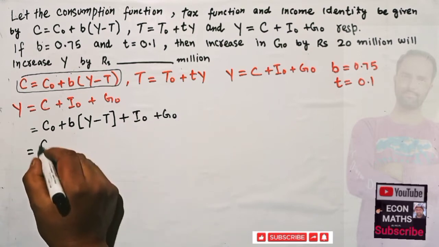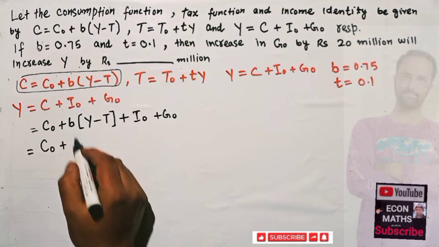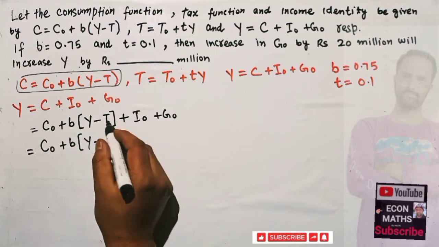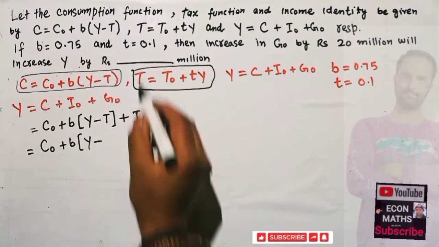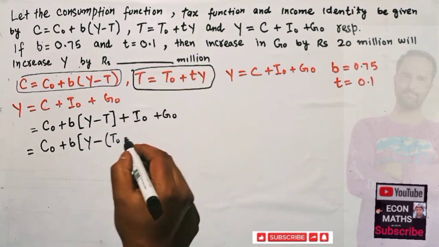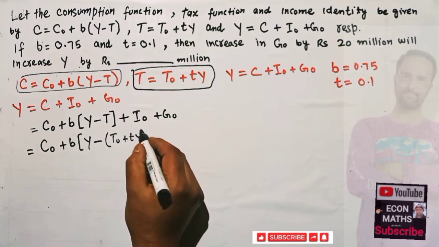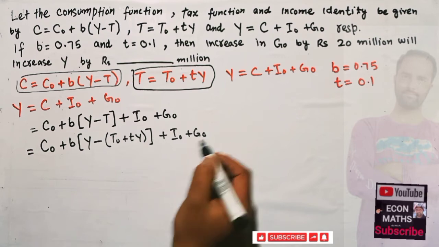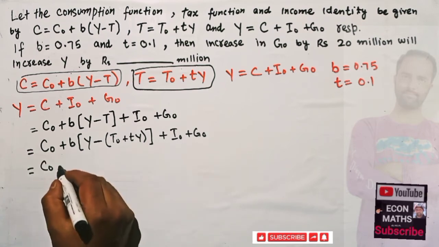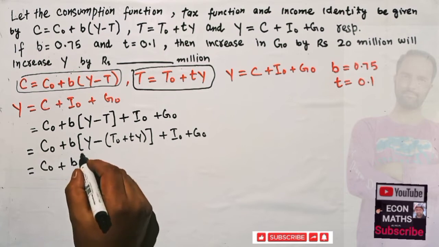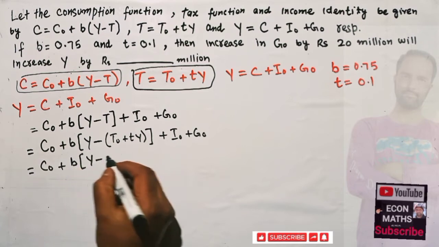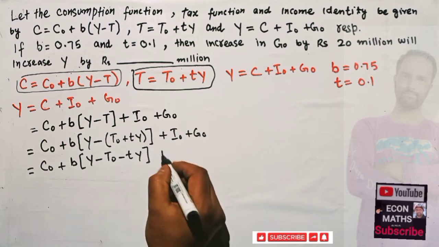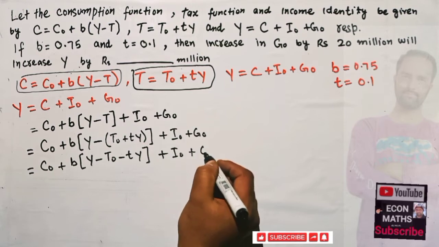So I can write it like this: C naught plus B times (y minus T), where T is equal to T naught plus Ty, plus I naught plus G naught, or we can write it like this: C naught plus B, we have Y minus T naught minus Ty, plus I naught plus G naught.